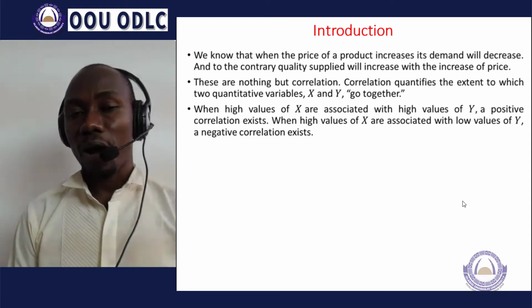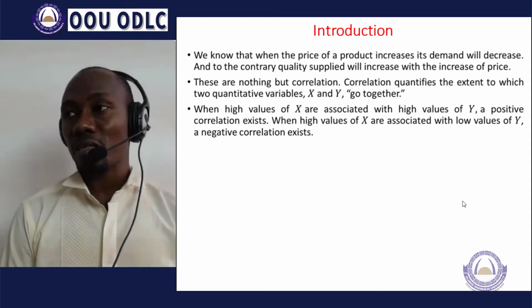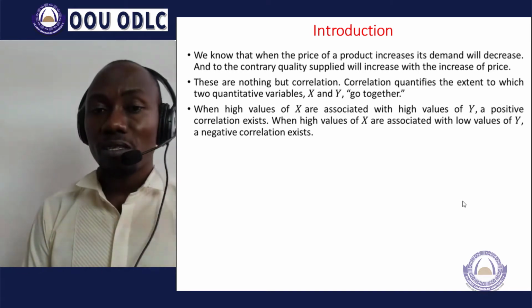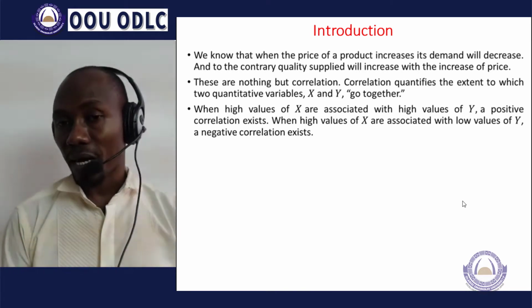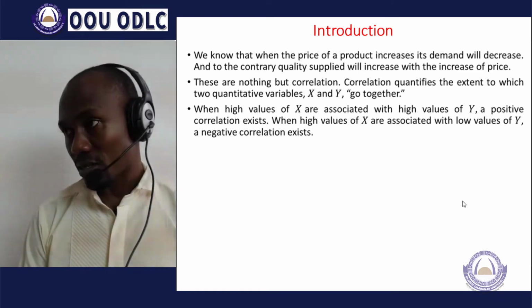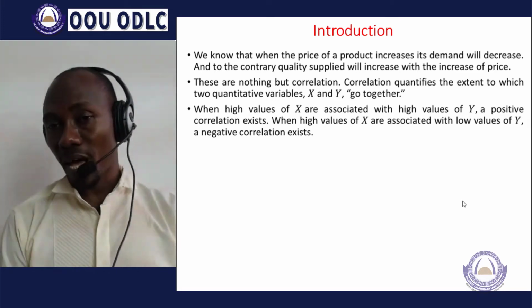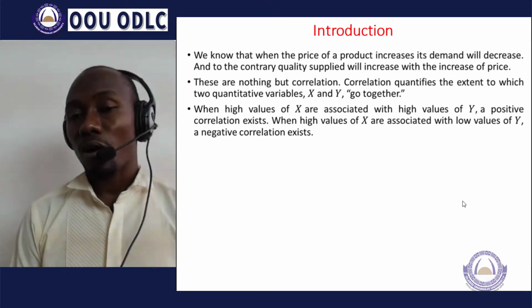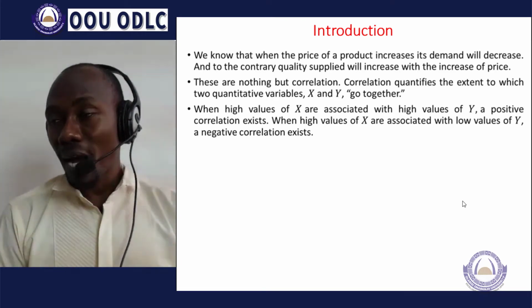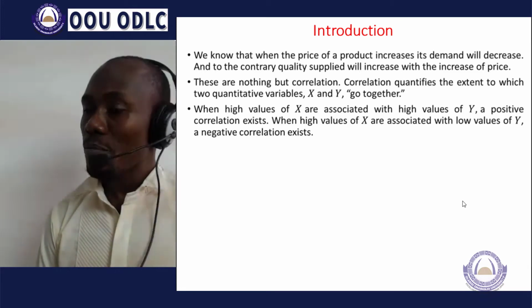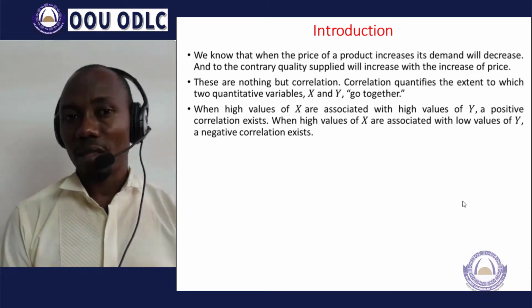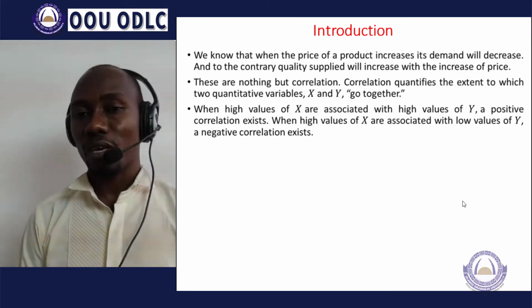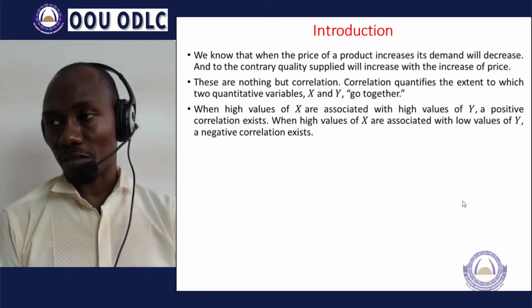Here we are talking about the relationship between the quantity of products supplied to the market and the price. Again, we have also considered the relationship between the quantity of product demanded by the consumer and the price of the product. This is a very good example of correlation.